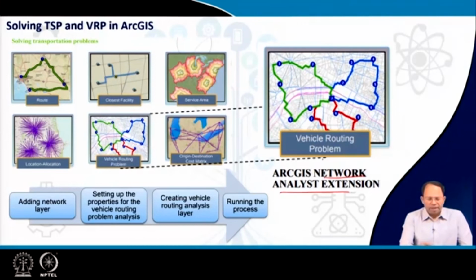And with this component you can do route choice, closest facility, service area, location allocation. There are different kinds of things you can do which are part of transportation analysis. One of them is vehicle routing, and to do that we have to add a network layer, set up the properties for the vehicle routing problem analysis, then create the vehicle routing analysis layer, and then finally run the process to get our solutions.